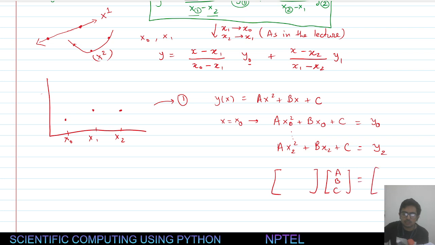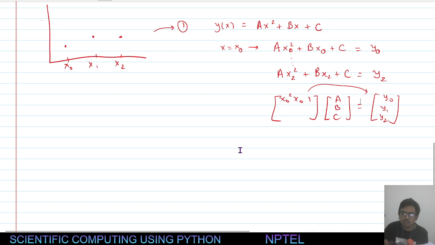So what we have is some combination of A, B, C that gives us y0, y1 and y2, right? So this is going to be x0 square, x0 and 1, something like this. So we can invert this and get A, B and C, and that will solve our problem.